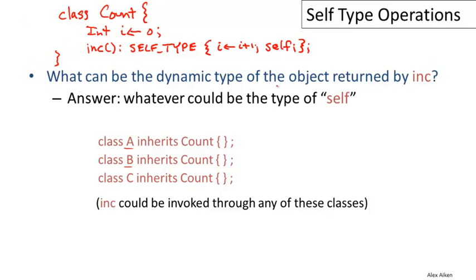And the question is, what can be the dynamic type of the object that's actually returned by inc? The answer here is that it could be whatever is the dynamic type of the self object. If we think about a big program where there are multiple classes that inherit from Count, then inc could return Count or any subclass of Count.